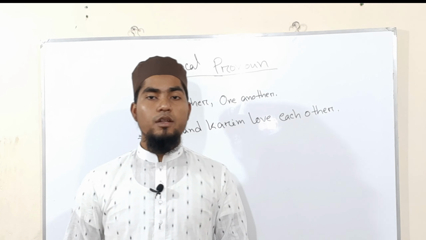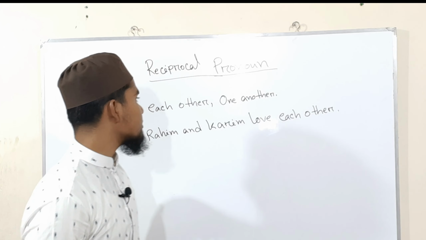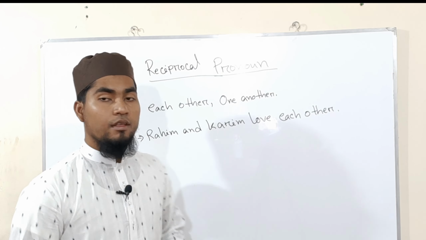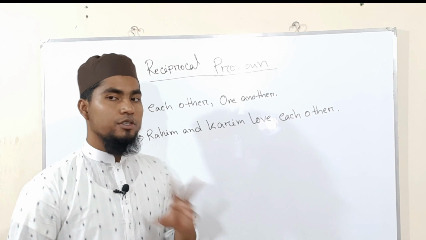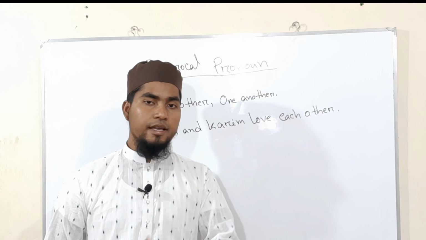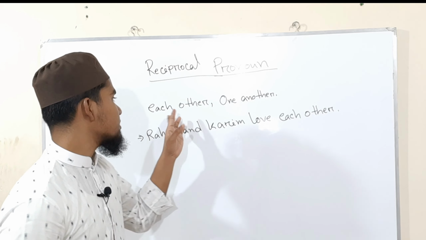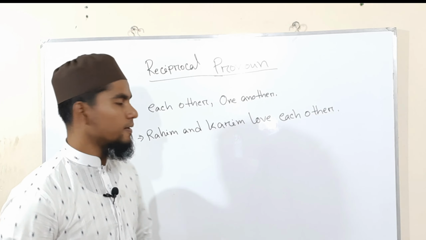The final one is reciprocal pronoun. Reciprocal pronoun is a pronoun which makes a relation between two things. It can be a person or can be a subject. The reciprocal pronouns are each other and one another.